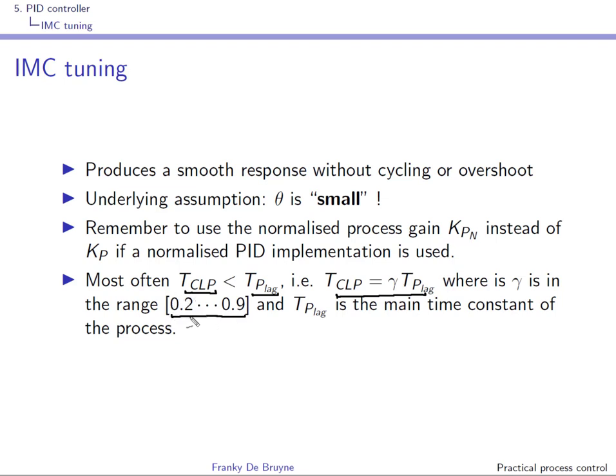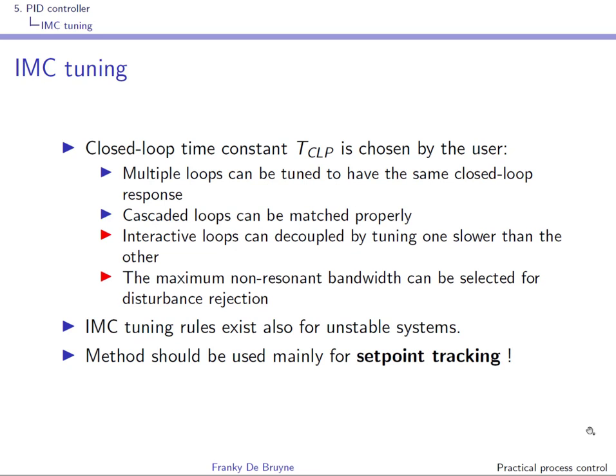If you take gamma equal to 0.2, so the desired closed loop time constant is smaller, this is of course going to lead to more aggressive control. The fact that the closed loop time constant TCLP is the design parameter makes this method easy, for instance, for tuning of cascaded loops, because you know that the closed loop time constant of the inner loop has to be 3 to 5 times smaller than the time constant of the outer loop.